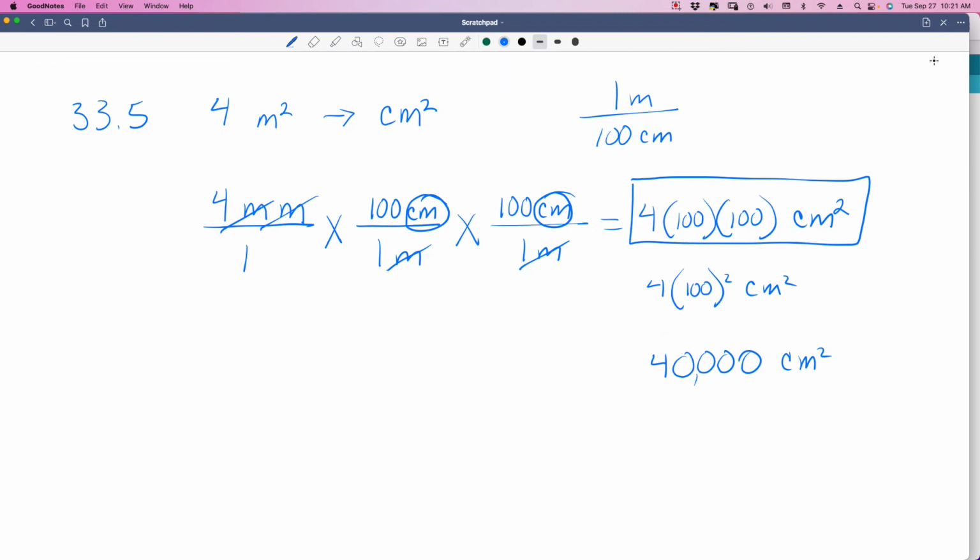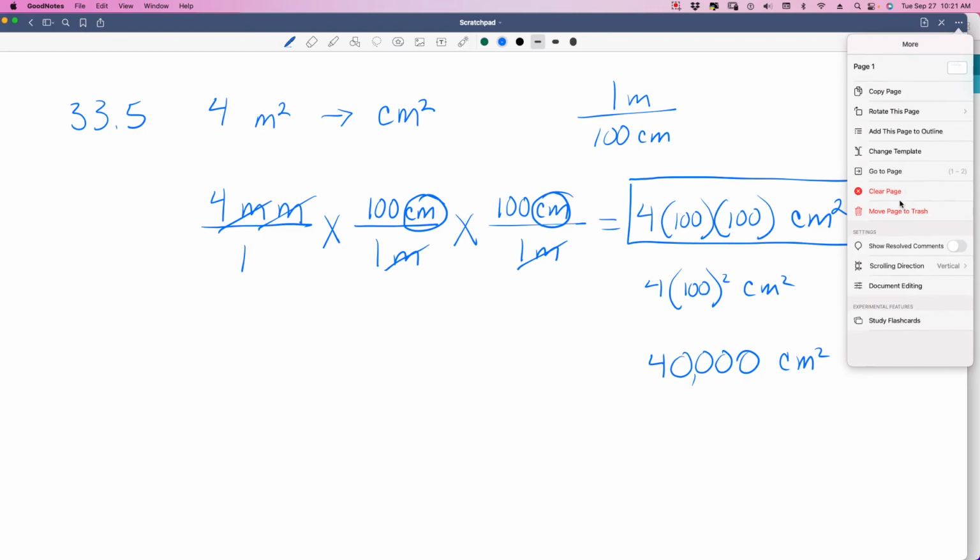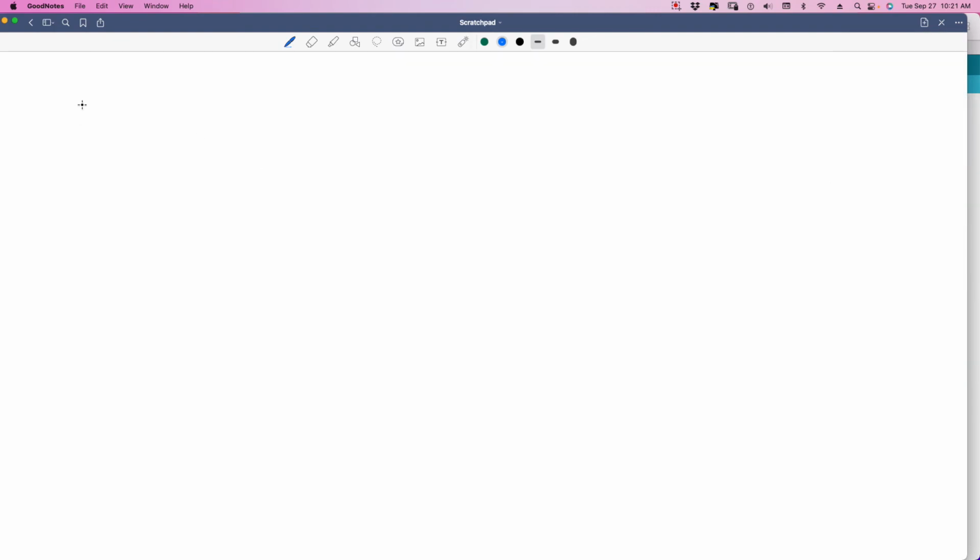Let's do 33.6. It's our last one. Hopefully, by the time we're done with this, you understand exactly what the process is. 33.6 says we're going to convert 400 square inches to square feet.